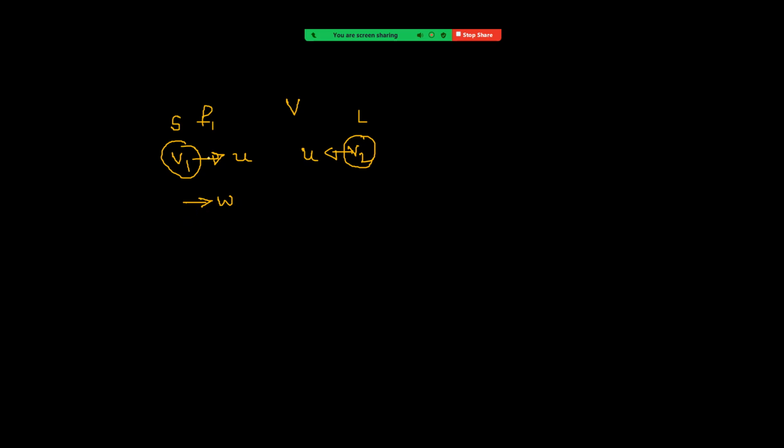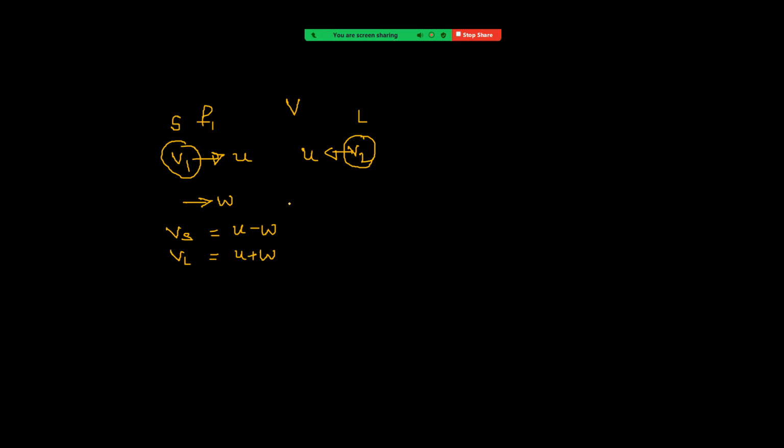Wind is from source to listener, so the velocity of source with respect to medium is vs equal to u minus w. The velocity of listener with respect to medium is u plus w. So we got the velocity of source and listener with respect to medium.